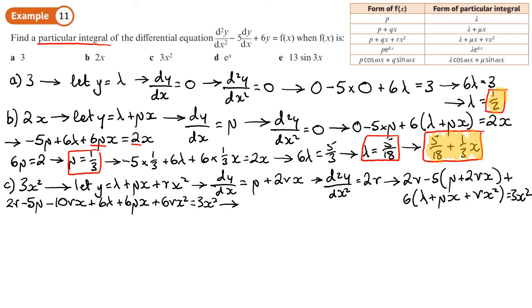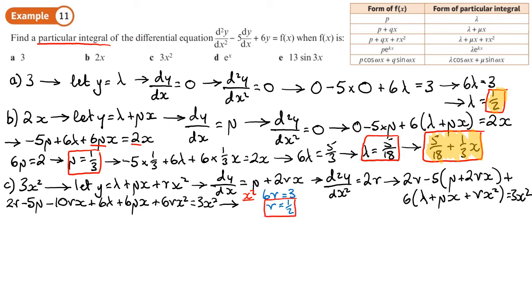Right, so if I collect like terms, let's look at the x squared terms and look at their coefficients. So let's do this in a different colour. So I would have 6 nu equals 3, so then I get nu equals a half. Let's just highlight that so I don't lose it.